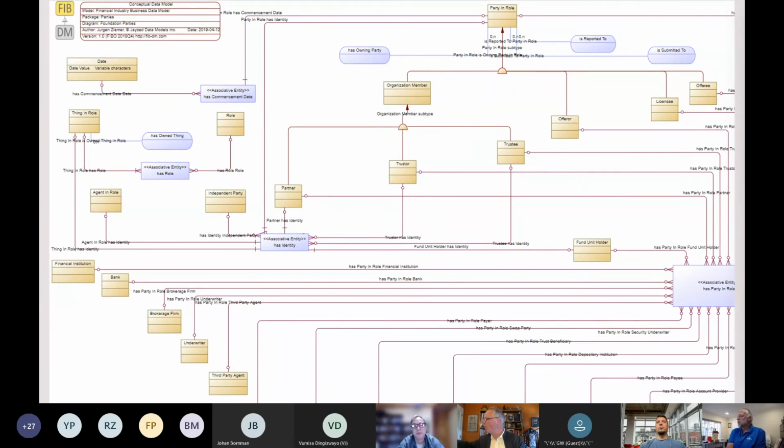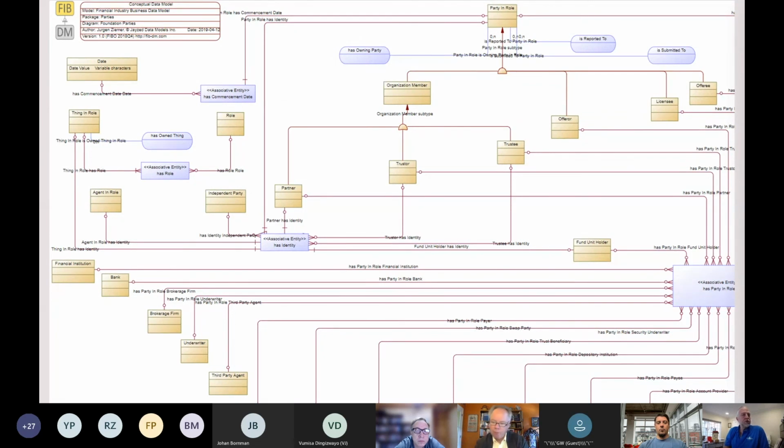Okay, so one of the questions I wanted to ask, and I know Paul had quite a few of these challenges, that we certainly see, and assuming that this would be at a conceptual level, when one goes down to physical with all these different types, typically from a database point of view, and I understand an ontology would be quite different, and a database point of view, would you collapse all of those roles into a party role and have a party role type?